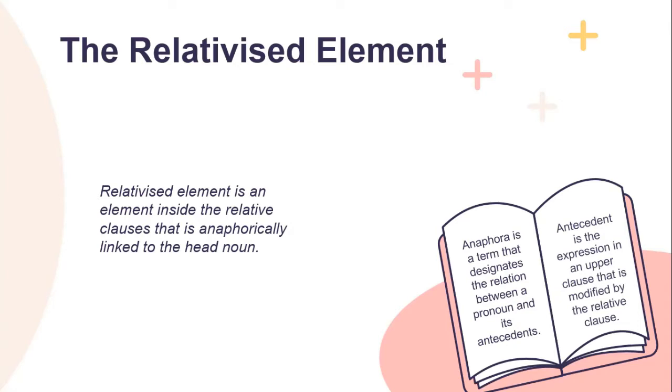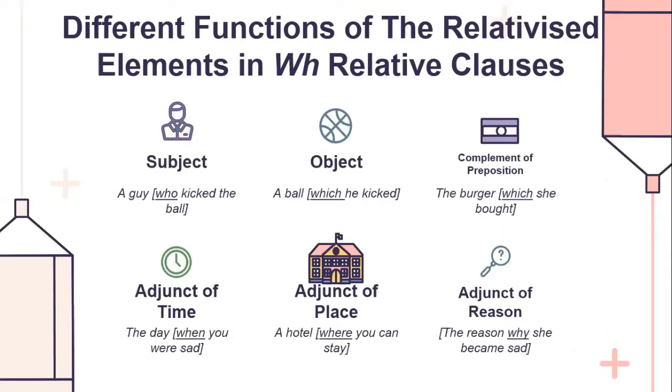An antecedent is the expression in an upper clause that is modified by the relative clause, or we can also say that the antecedent is the head noun of the clause. Okay, and next slide. Now we have the different functions of the relativized elements in WH relative clauses.